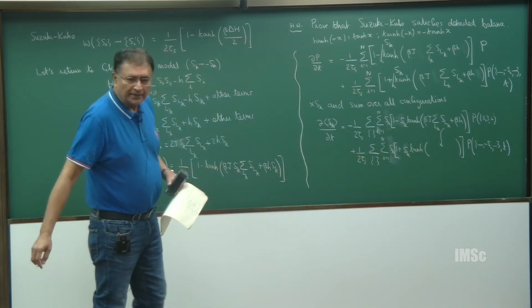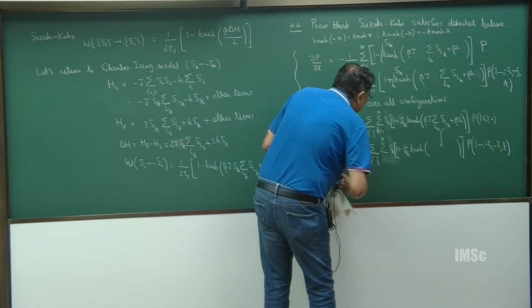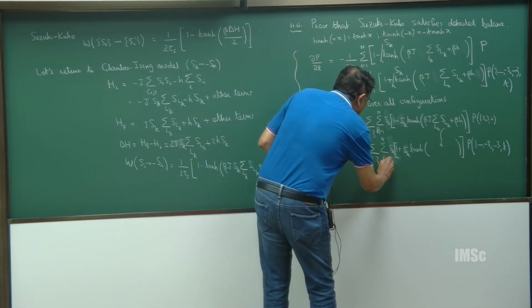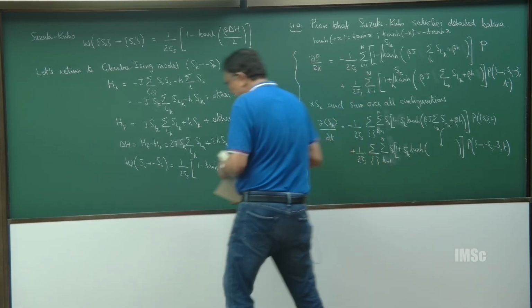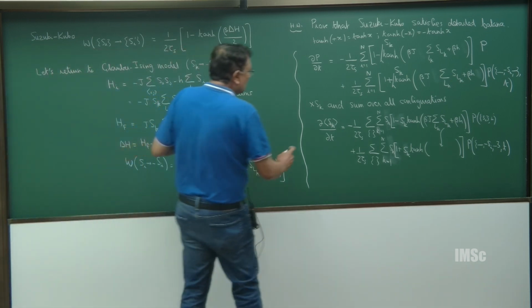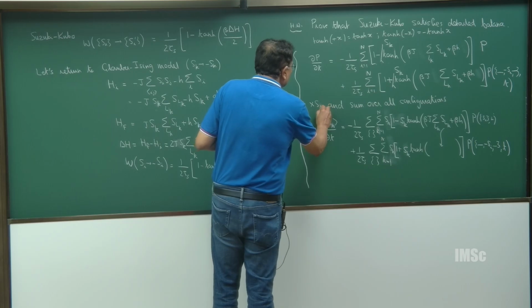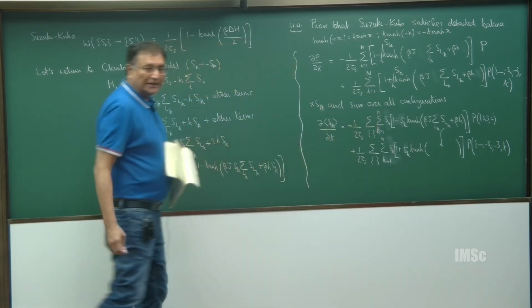Sum over K. As you can see, students, working things out on the board is sometimes harder than working them out on paper, right? Okay, I hope we've got it all correct. So I've multiplied by Sn and summed over all configurations, and that's the equation I get.